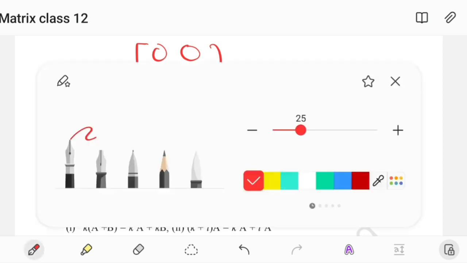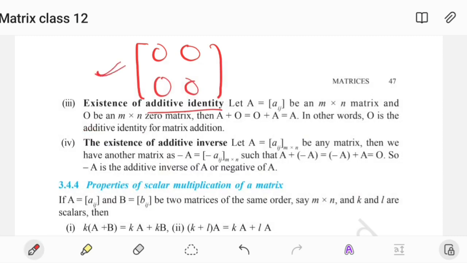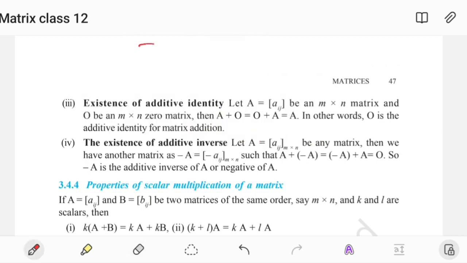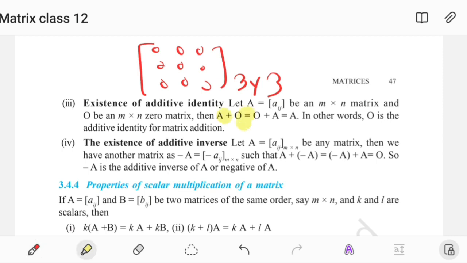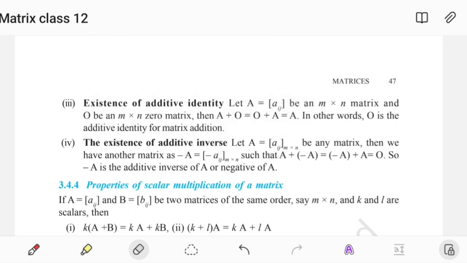Now one thing that you need to keep in mind is that this is not fixed. I have written here the identity of 2 cross 2. Maybe the given matrix A can be of order 3 by 3. In that case, my identity will look like this: 0 0 0 0 0 0 0 0 0. This is of the order 3 by 3, because only then the operation of addition can be applied, right?